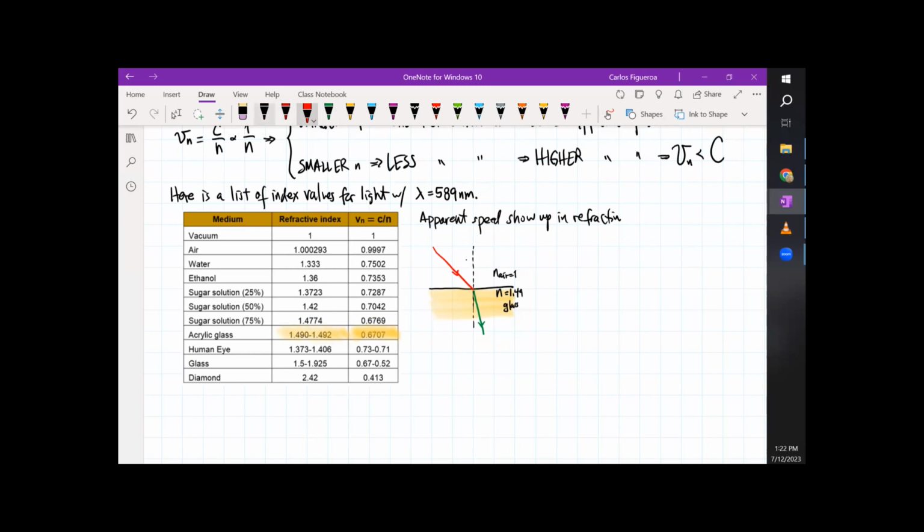So now if I do the exact same type of thing over here, and let's say that in this situation, we have a different index of refraction. Here, again, we have n of air. Here, we're going to say that we have index of water, and the index of water is 1.33.